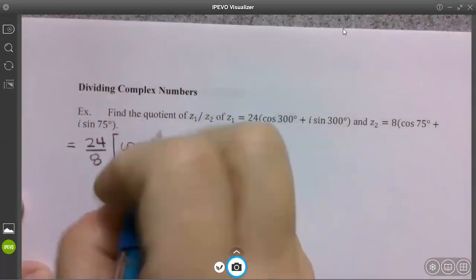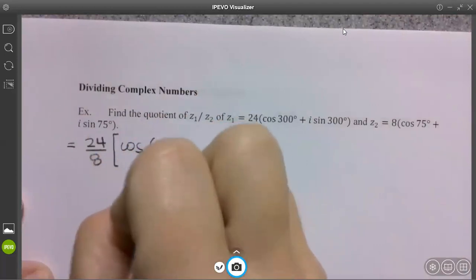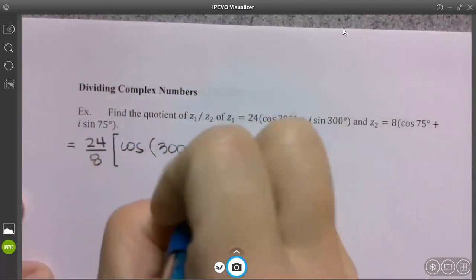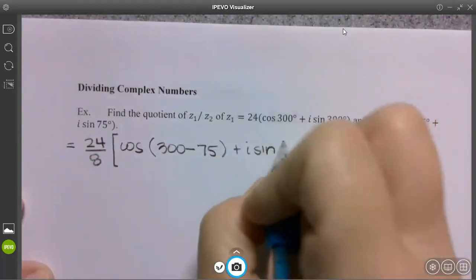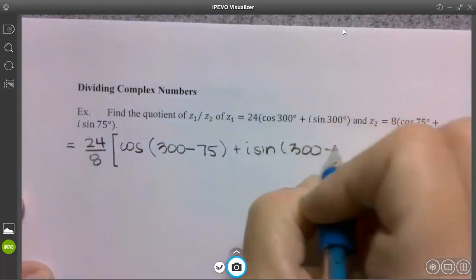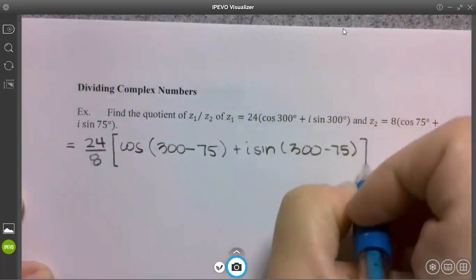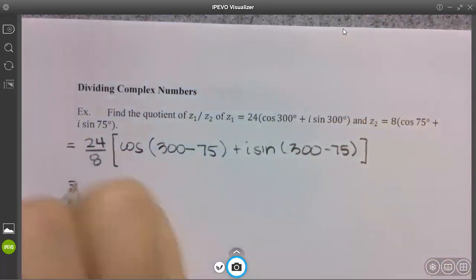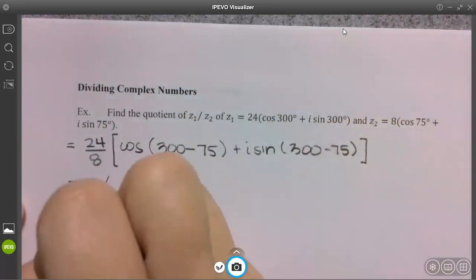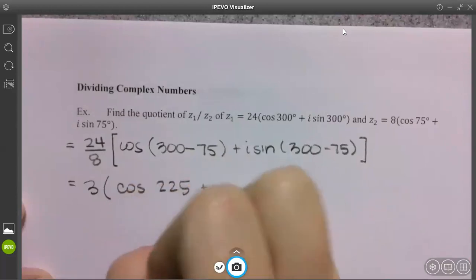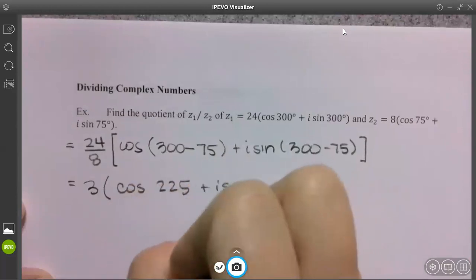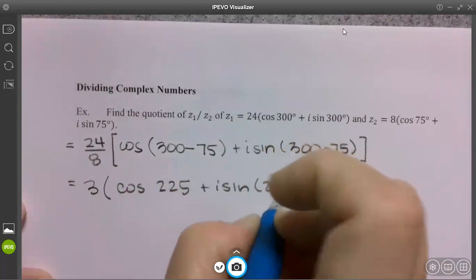So cosine 300 minus 75 plus I sine 300 minus 75. 24 over 8 is 3. Cosine 300 minus 75 is 225. I sine 225.